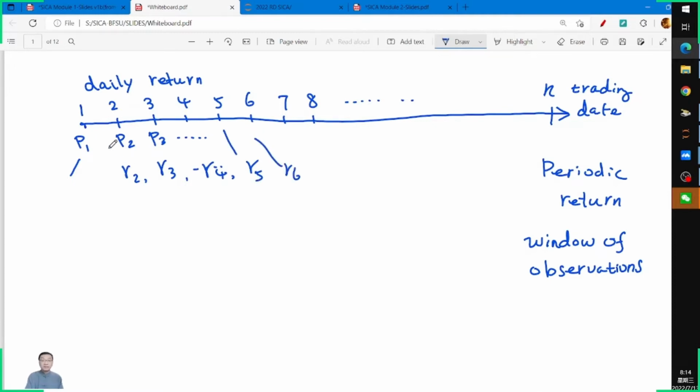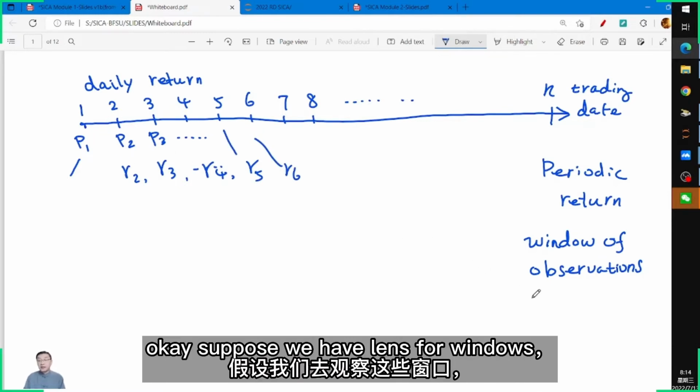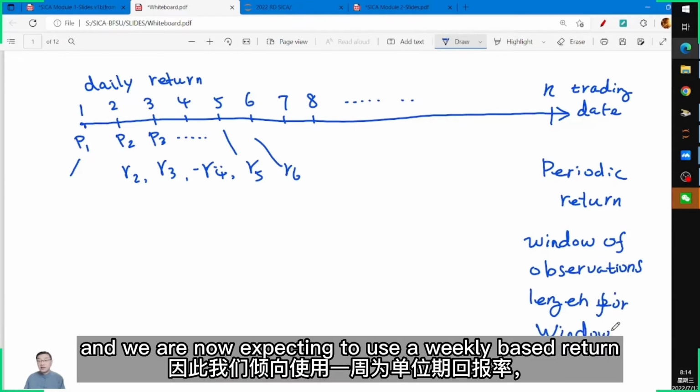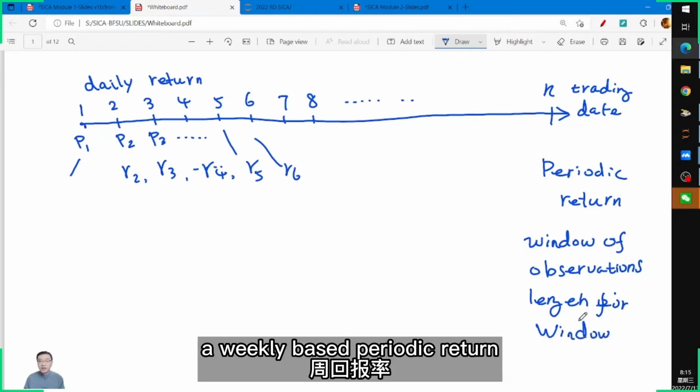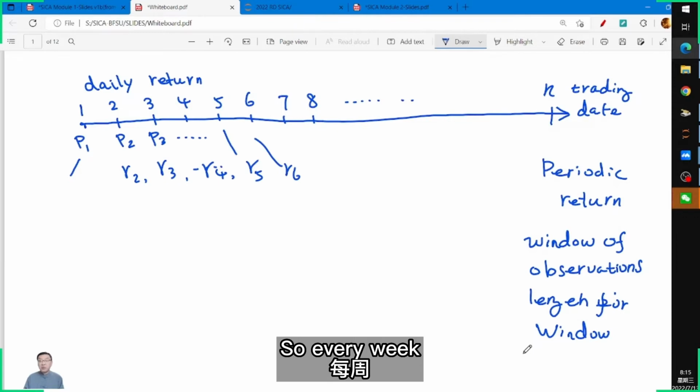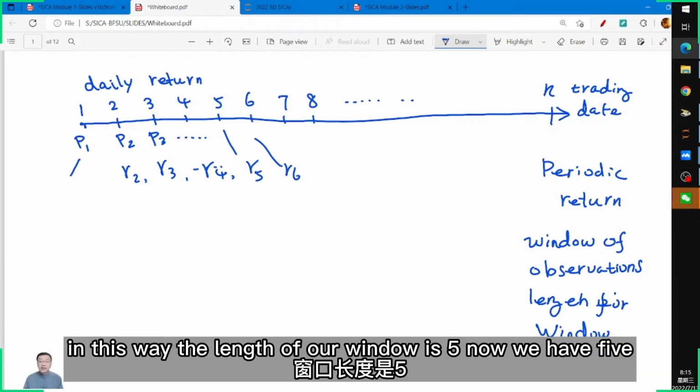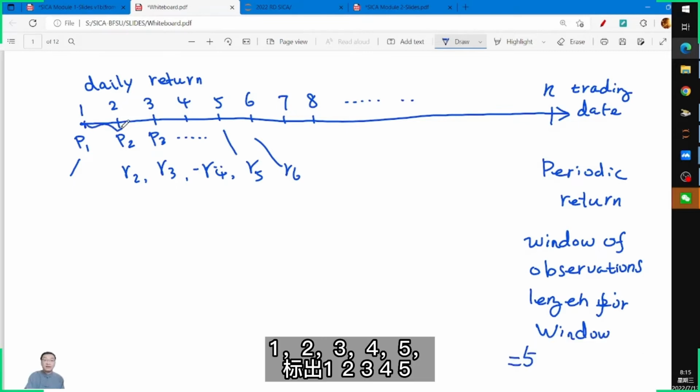Suppose we have a length for windows. And we are now expecting to use a weekly based periodic return. So every week, we suppose we have 5 trading days or business days. In this way, the length of our window is 5.